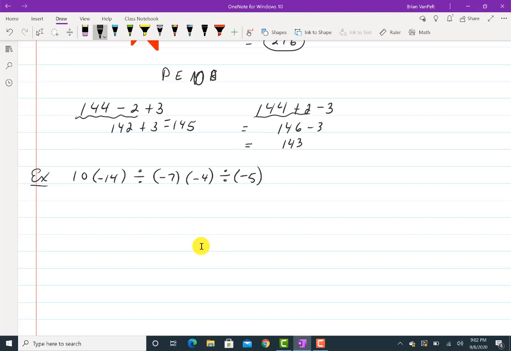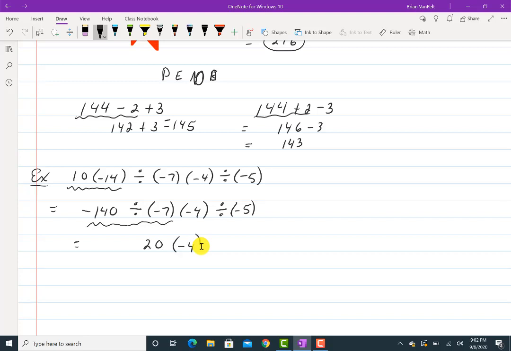So I'm going to start right over here with those two. Positive times a negative is negative. I get negative 140, and I will bring down the entire rest of the problem. Once again, I will just do one thing. I will do this part here. Negative divided by a negative is positive, and I happen to know that 140 divided by 7 is 20.